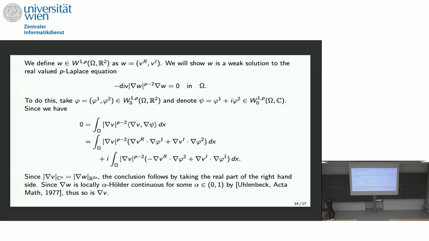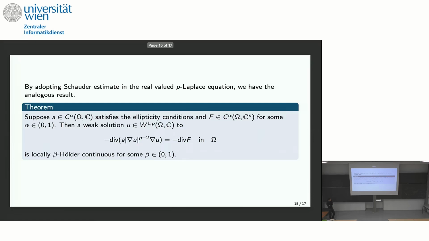Following Uhlenbeck's Acta paper, the gradient of W is locally Hölder continuous. They have the same components, so the gradient of V is locally Hölder continuous. Because we have the energy estimate using the monotonicity, and the gradient regularity for the homogeneous equation with the constant coefficient, we can also apply the Campanato estimate.